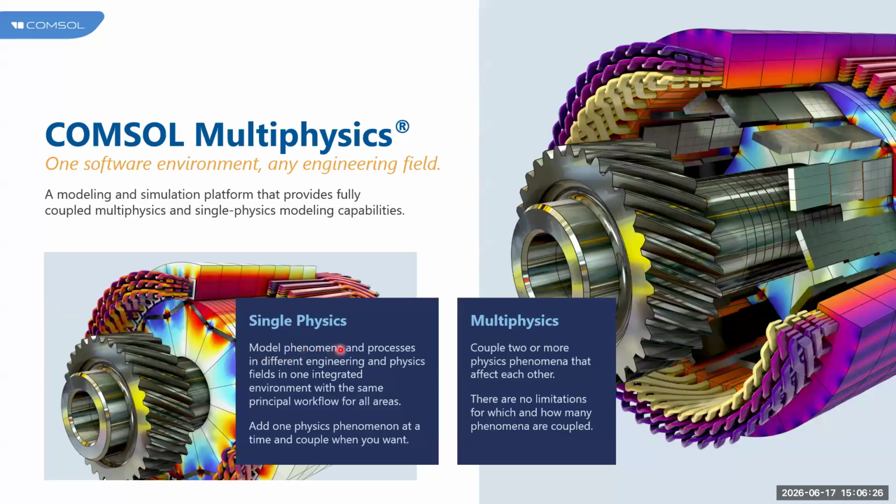Apart from that, COMSOL is a unified environment where you can couple two or more physics together to simulate a multiphysics application. There is no limit on how many physics you can couple, so you can couple a number of physics to simulate a real-time product.